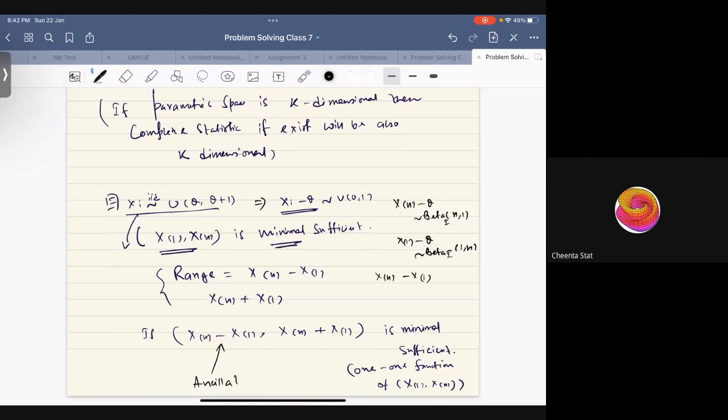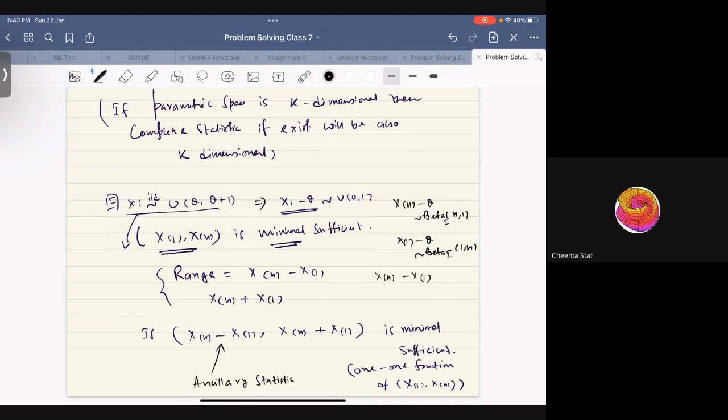Also, x order n plus x order 1 is not complete. So this thing happens, and we cannot achieve completeness because the parameter is one. So a complete statistic, if it exists, will be one-dimensional, and it cannot exist here because you can see that the ancillary statistic is within the minimal sufficient statistic.